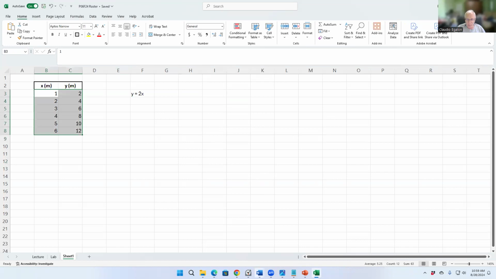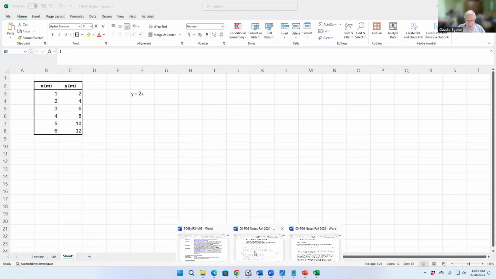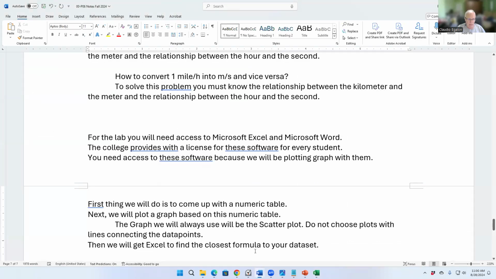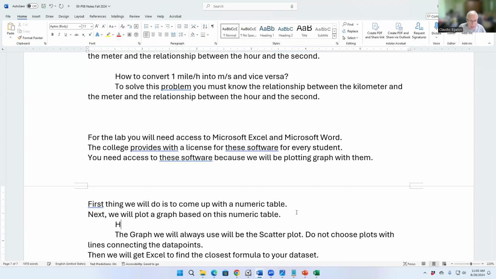Step by step, right? Let me document it here. First thing we will do is to come up with a numeric table. Next is plot based on this numeric table. So first step, highlight all cells that contain the numbers in the table.